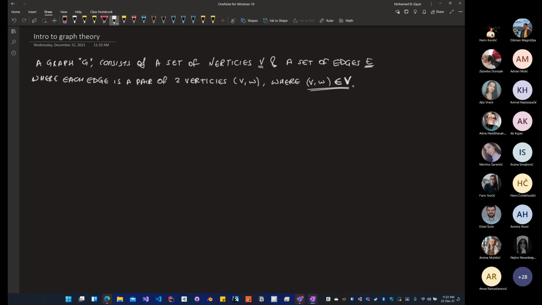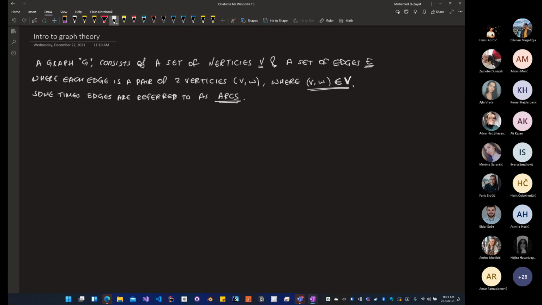It's also worth mentioning that in many reference books, edges are sometimes referred to as arcs. So sometimes you will read in a book an arc instead of an edge.